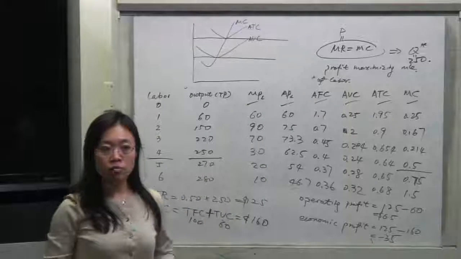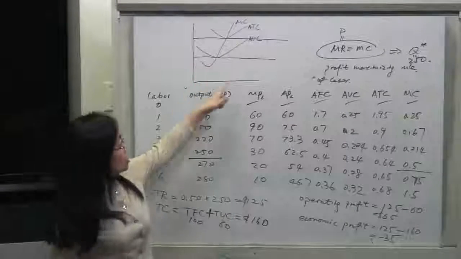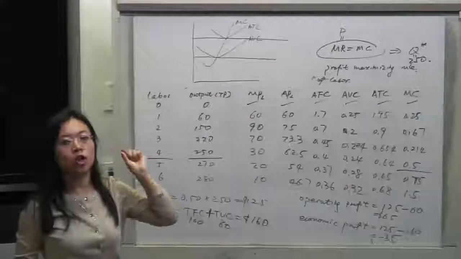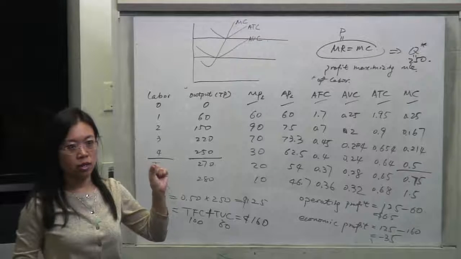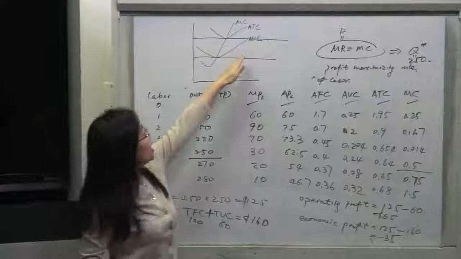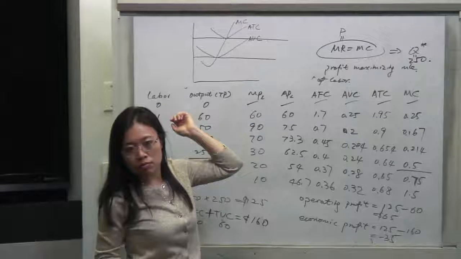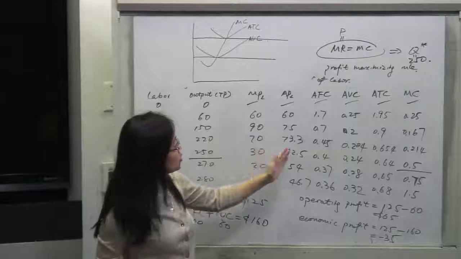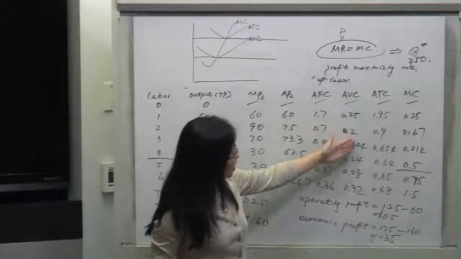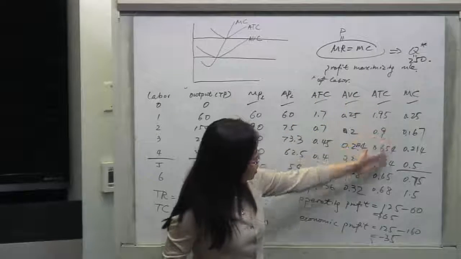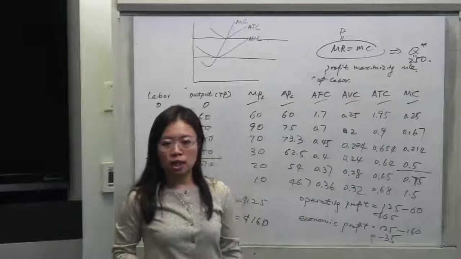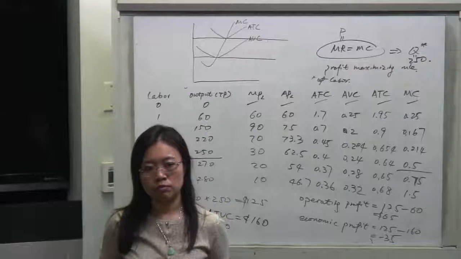So if you know where this 50 cents is located in comparison to AVC and ATC, then you will know the answer. So now I want you to take a look at these two columns, AVC and ATC.